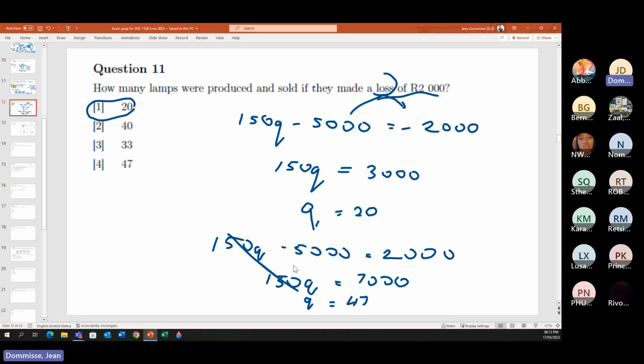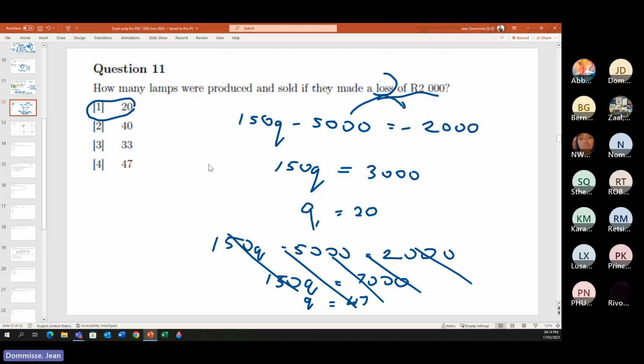So be on the lookout for when they specifically say loss instead of minus 2,000, because that can catch you off guard. Question 11 flows from question 10 on the profit.